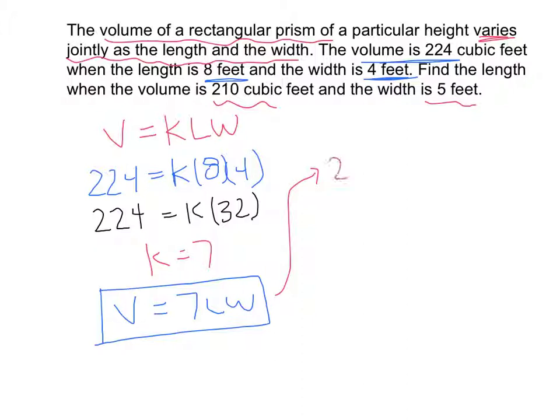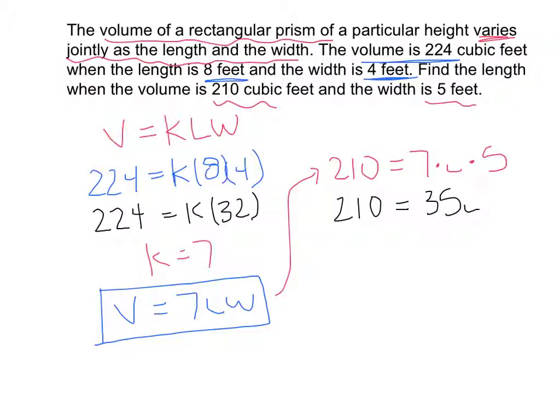So the volume is 210 and that equals 7 times the length times 5, which is the width. So we can multiply those two things that we already know. We know 7 times 5 times length. So let's say 210 equals 7 times 5, which is 35, times the length.